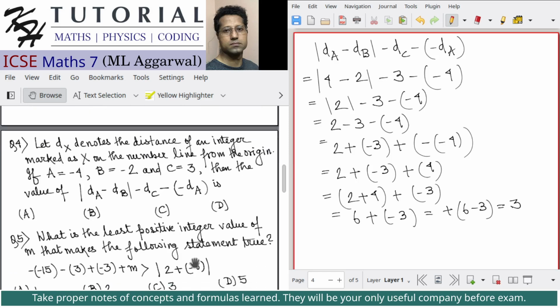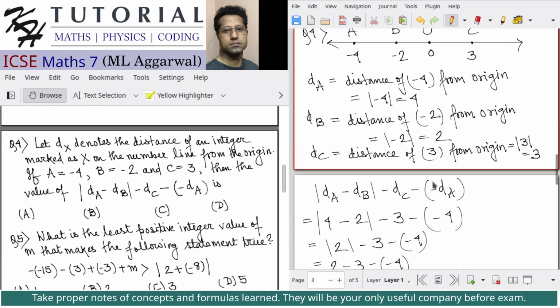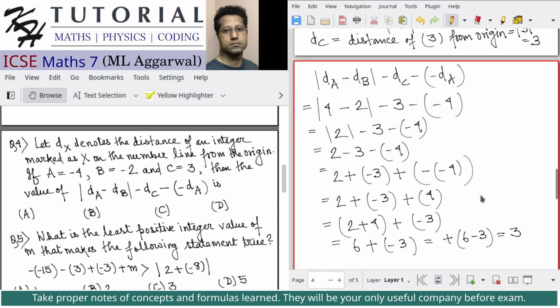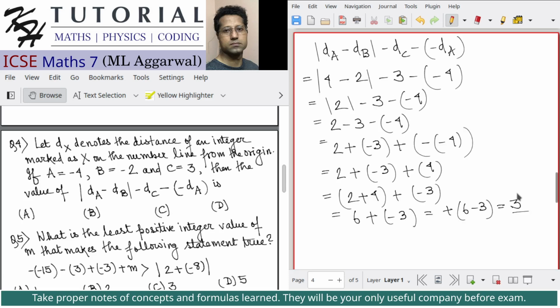I'm really sorry. I hope I did not make any calculation mistake, and the value of the given numerical expression will be equal to 3. If you see any kind of calculation mistake, please feel free to let me know in the comment section. I will highly appreciate that.